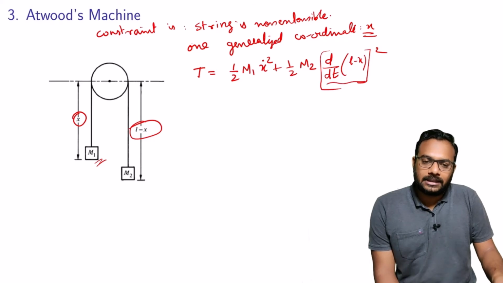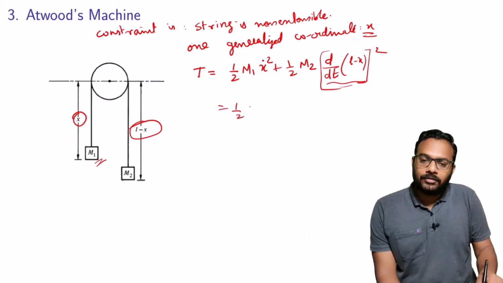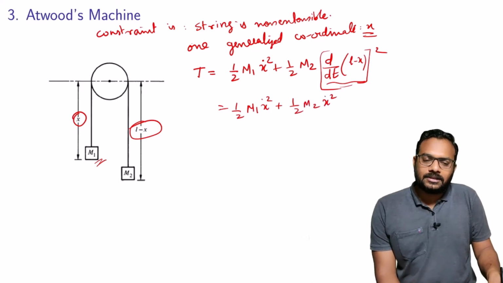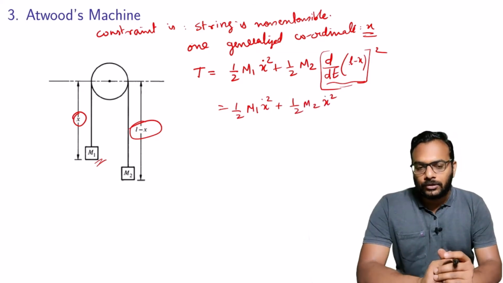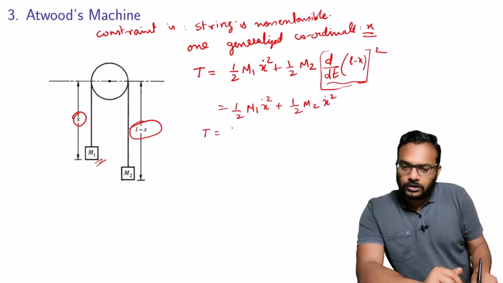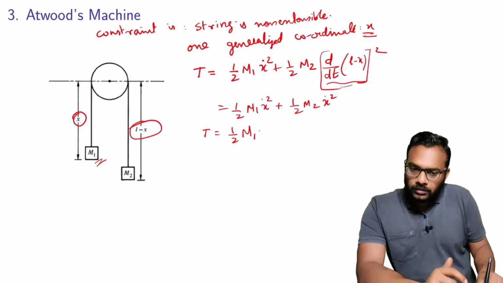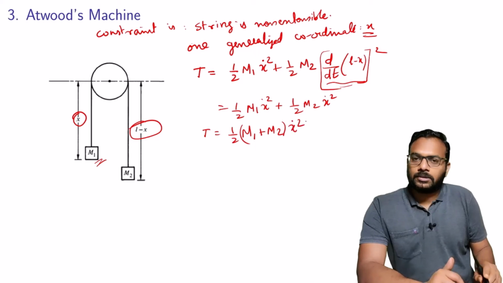This is the velocity corresponding to L minus x. So this simply becomes half m1 x dot squared plus half m2 x dot squared. The minus goes away because when you square, the minus disappears. So the kinetic energy is T equal to half (m1 plus m2) x dot squared.